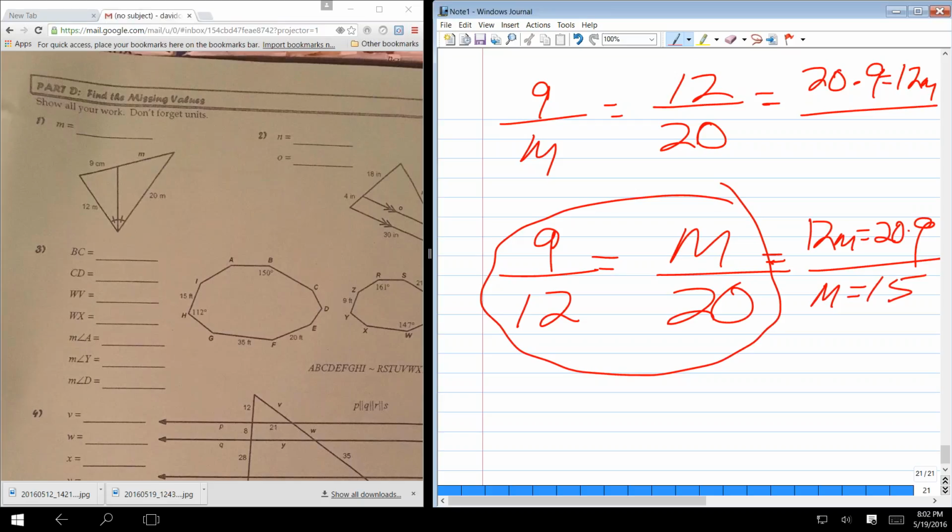And what are the units on it? Centimeters, right? Oh, yeah, they're different. They are. M has to be 15 centimeters.